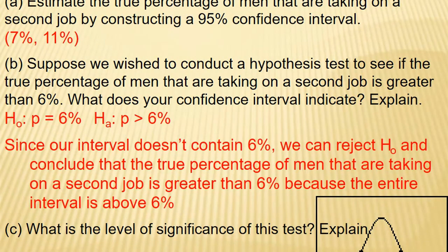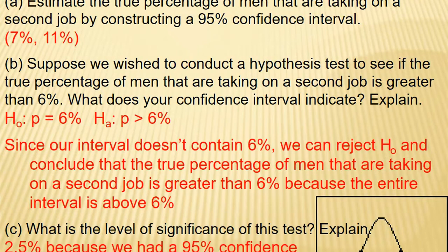So if there's 95% in the middle, that means that the tails each would have 2.5% on the top and then 2.5% on the bottom, because that's 5 divided by 2. So the level of significance in this case will just be the upper tail here, which is 2.5%.